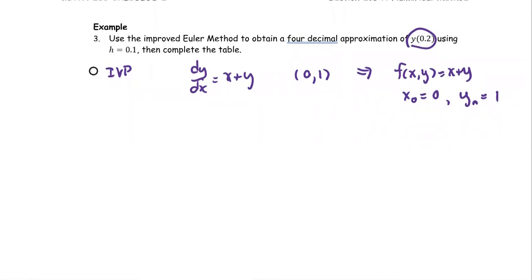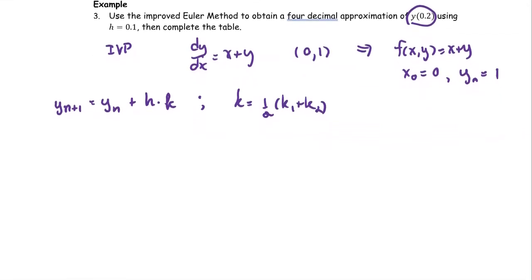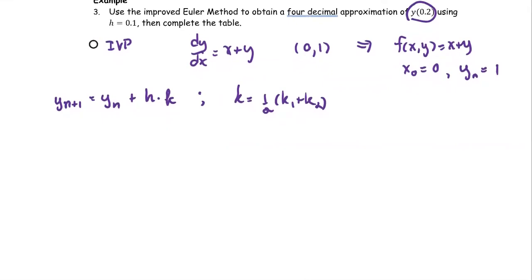Using the improved Euler method, the formula is y_{n+1} equals y_n plus h, or the step size, multiplied by k, where our k is a half of k1 and k2. So we have to work on a little bit more computation than the normal Euler method.